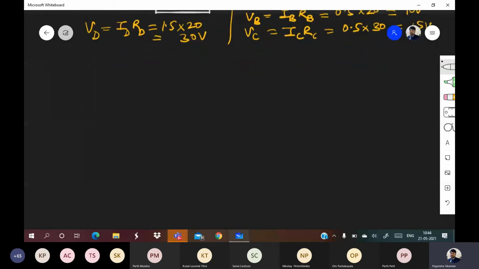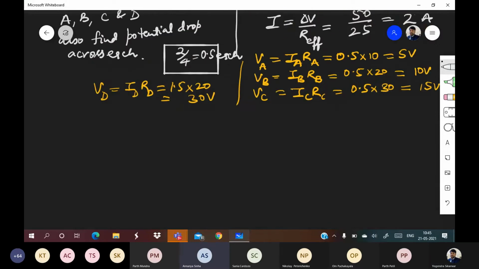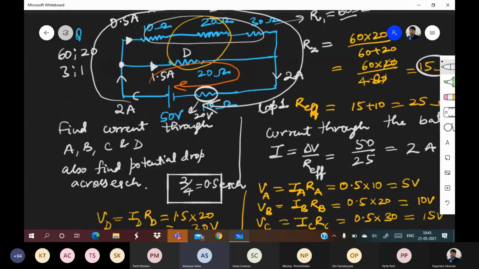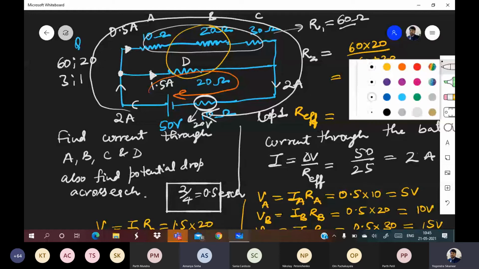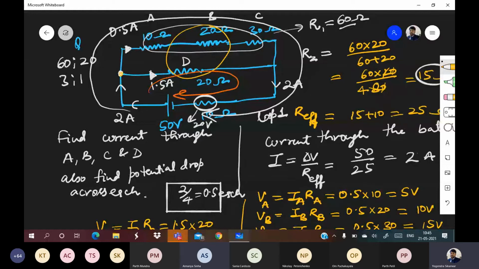If in this question the 10 ohm resistor next to the 50 volt battery would not be there, would the potential drop across all the rest of the resistors be 50? Listen carefully. If that 10 ohm is not there, then the potential drop across this 20 ohm and across this 10, 20, 30 branch would both have been 50, 50.